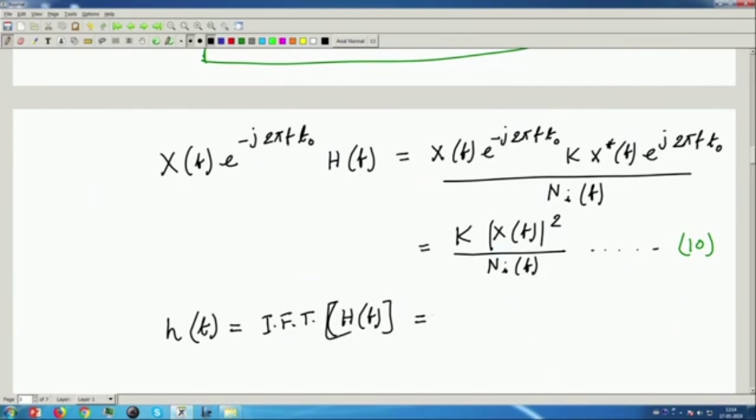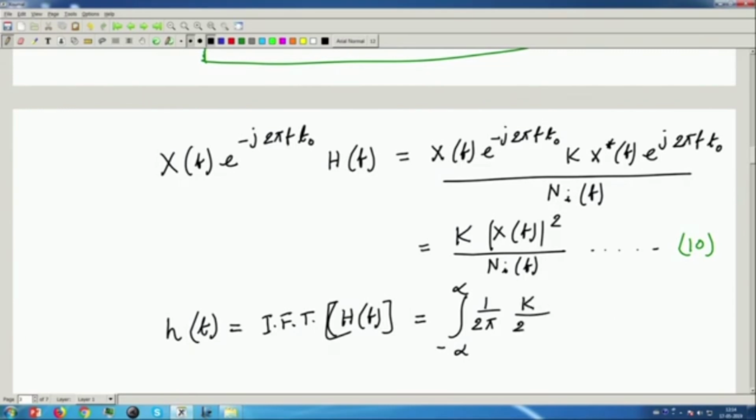So, this is nothing but the integral from minus infinity to plus infinity of 1 by 2 pi, H(f) into e to the power plus j 2 pi f t df.